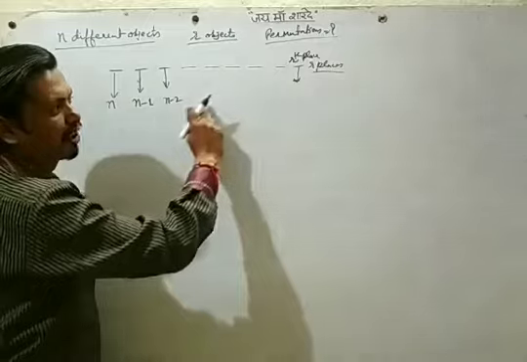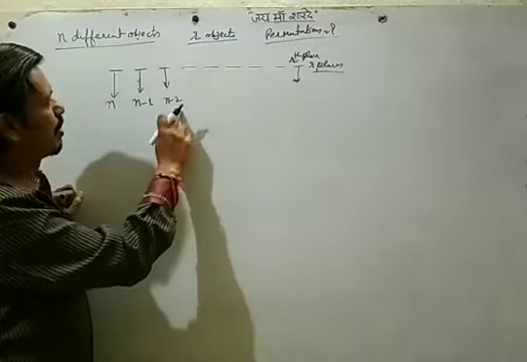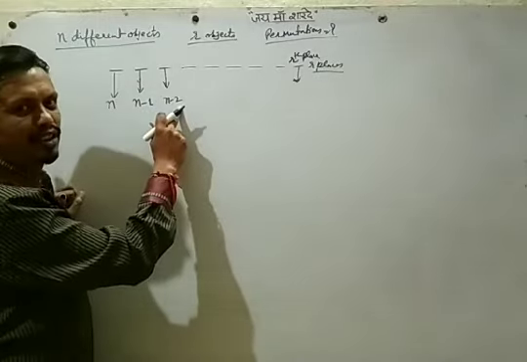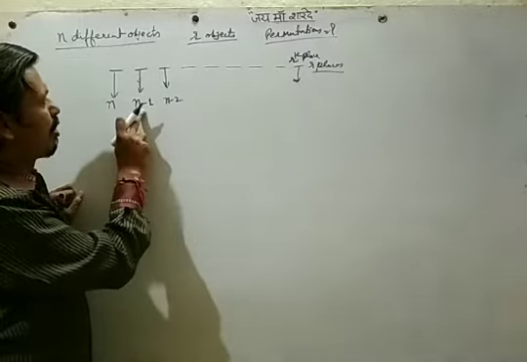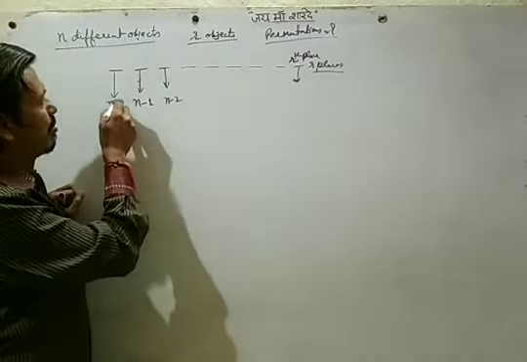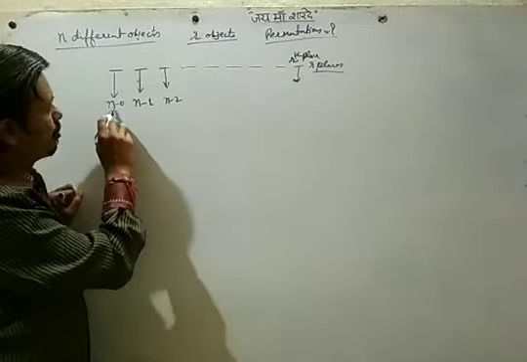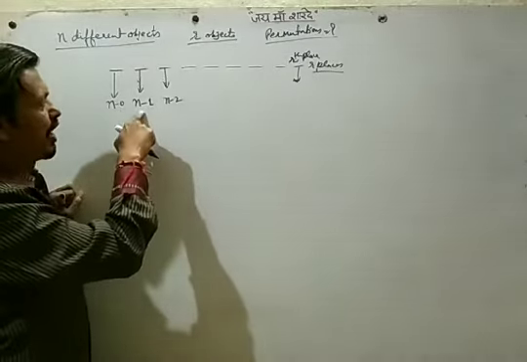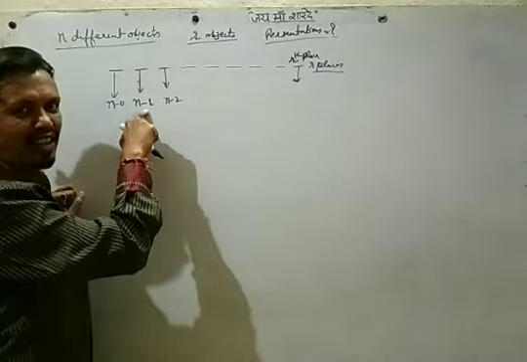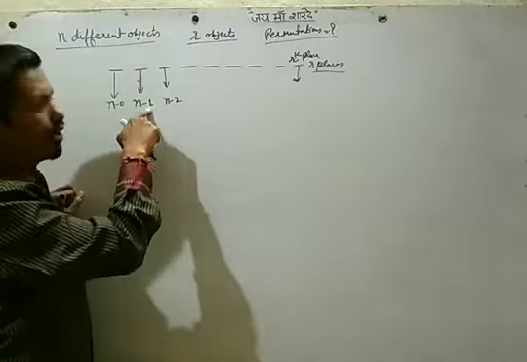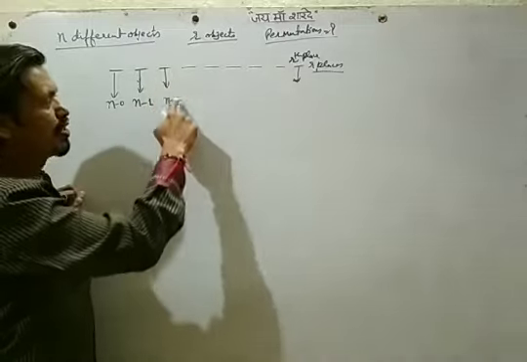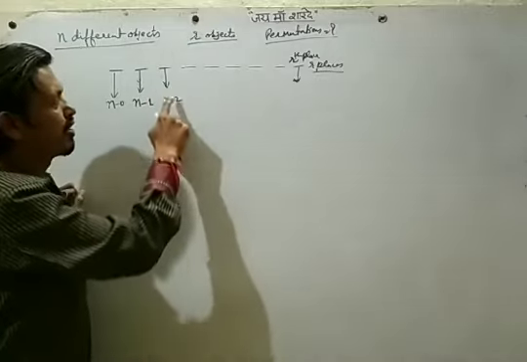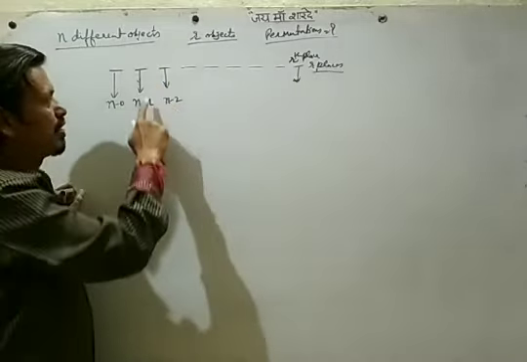If you write this in the form n minus something, for the first place we are subtracting 0 from n, n minus 0. For the second place we are subtracting 1 from n. For the third place we are subtracting 2. So for the rth place, what is the relation here?